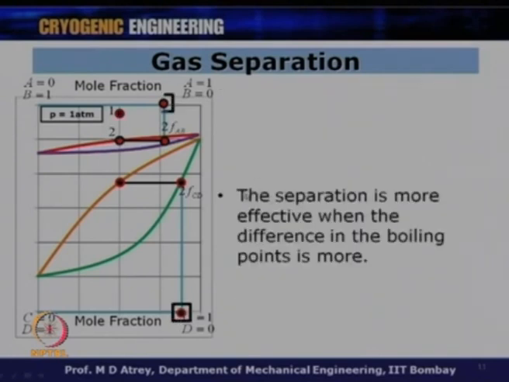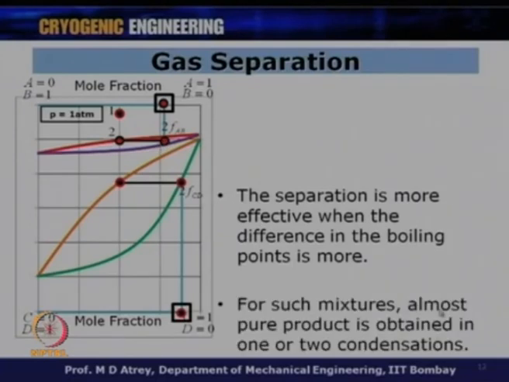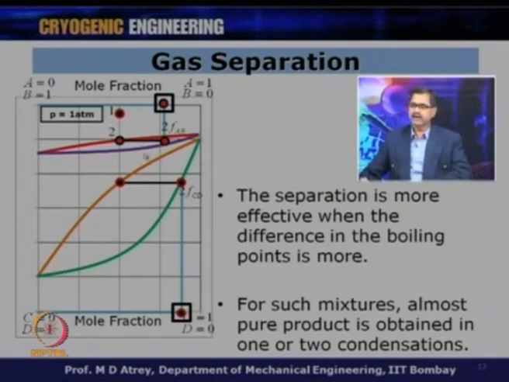All right. So, the separation is more effective when the difference in the boiling point is more. This is the point I wanted to stress, that right in the first condensation the separation was very high, while in this case the separation was not that good. For such a mixture, almost pure product is obtained in 1 or 2 condensations. All right. In this case, right in the first condensation you get a pure point, and that is the point I wanted to tell you in this case.